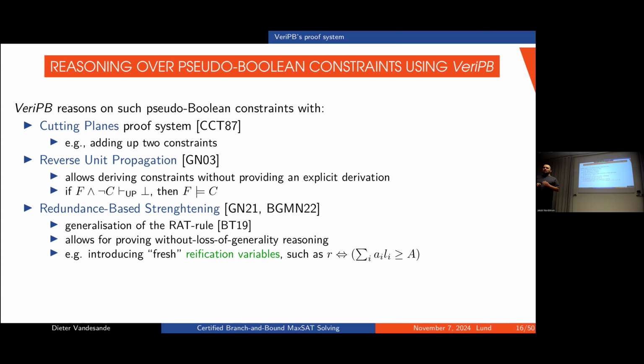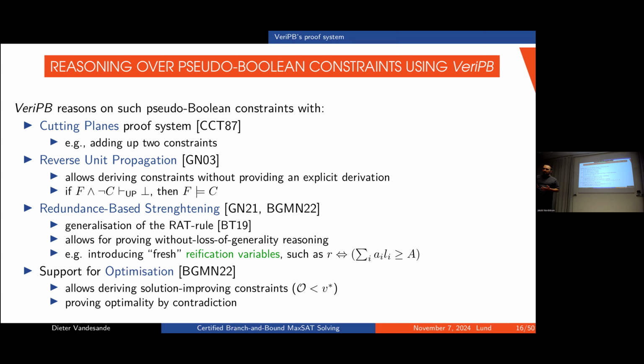It will not change anything in the formula. That kind of reasoning you can prove with this rule. And finally, we have support for optimization. You do so by deriving the solution improving constraint, and then prove optimality by contradiction from this constraint.